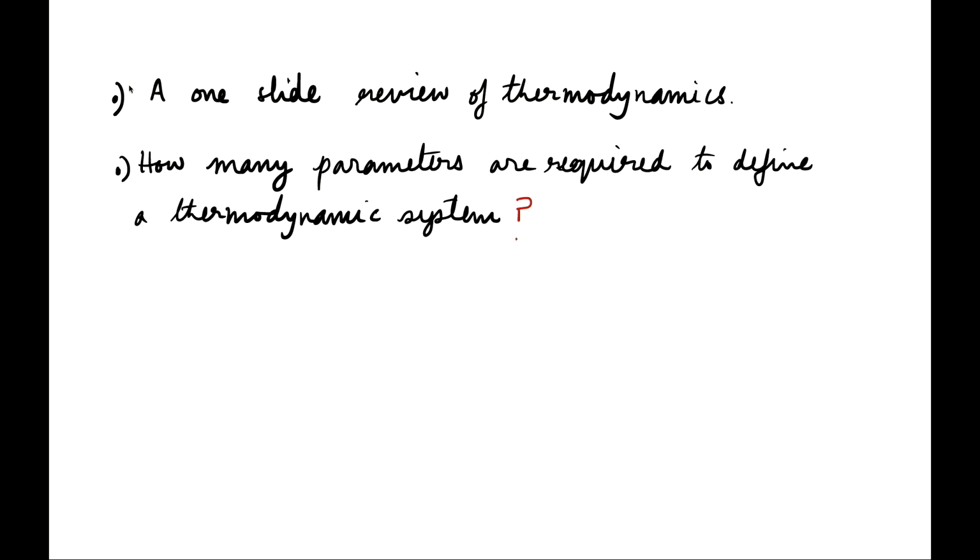4? Sorry, any? 3? That depends on the system you're interested in. But given a system, how can you figure out how many are required? So for example, if I want to specify the state of a gas, how many things will you specify?